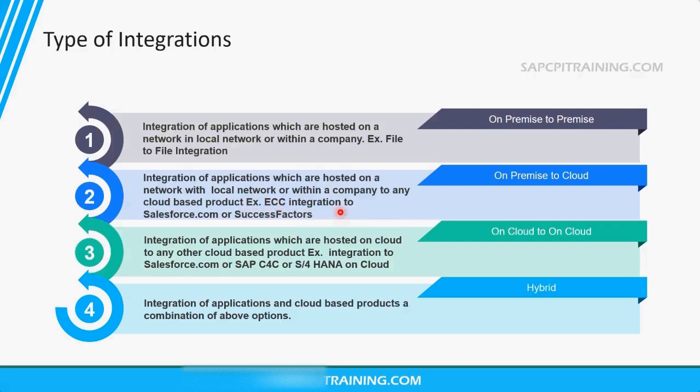You might have done it in the past if you are coming with that background. You might have definitely connected to any application that was running on a cloud, or any web service, for example, that might be located on some cloud system. That can be done by both on-premise middleware or cloud middleware. But if the customer has an existing investment in PI or on-premise middleware, we can very well recommend that, okay, you go ahead and use that.